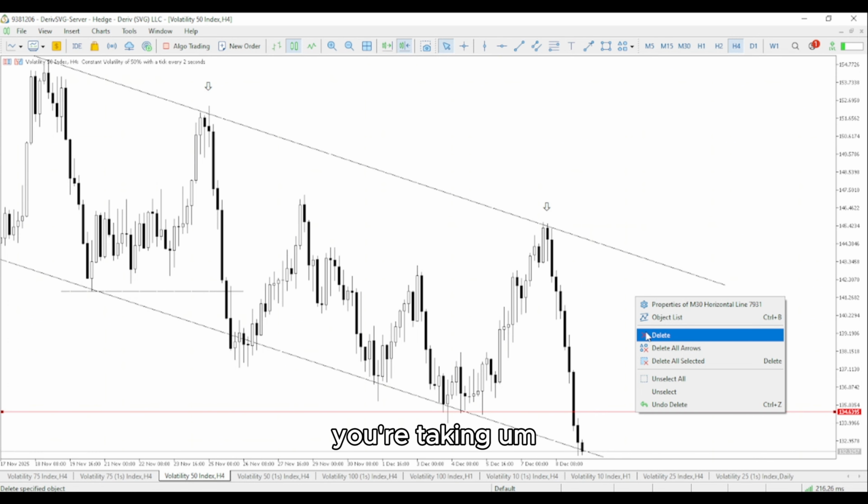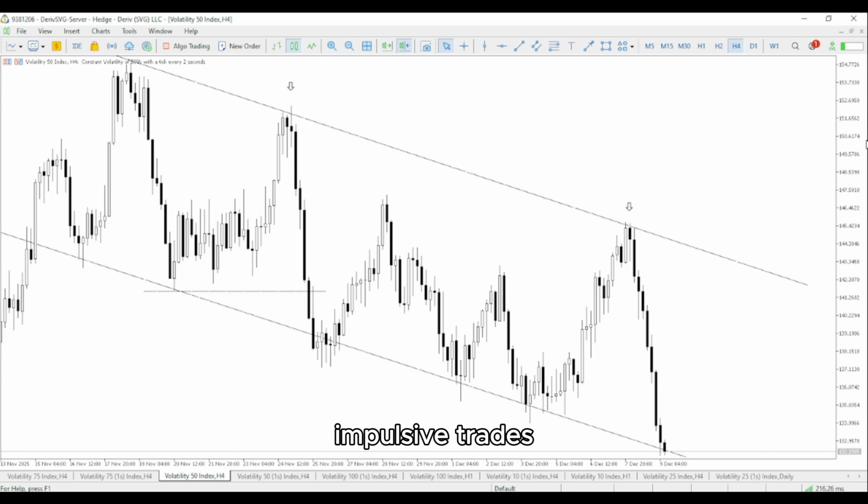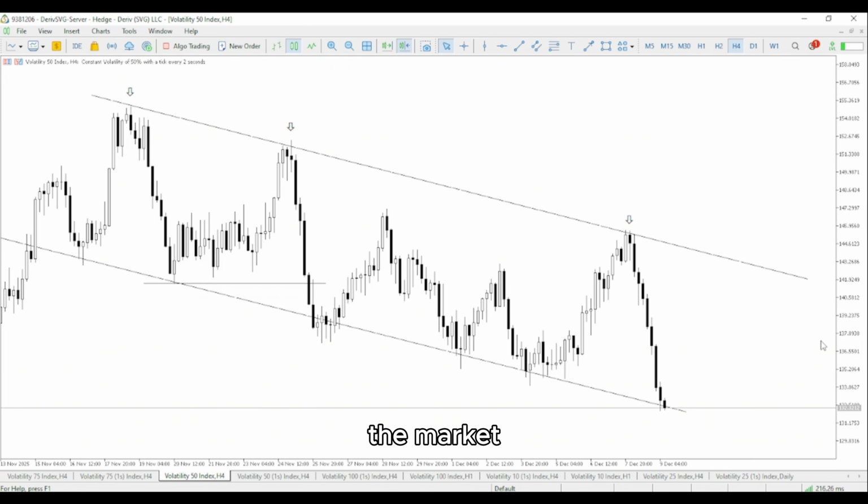You will find out that you're taking impulsive trades, you're selling where the market is telling you it's buying, or buying where the market is telling you it's selling, or you're selling at retracement levels, or buying where the market is just consolidating, or the market is choppy, and you're buying or selling where the market is not at the right time to move for you.